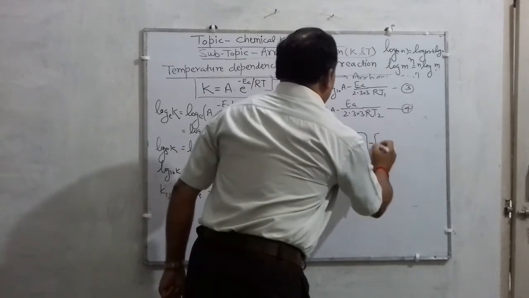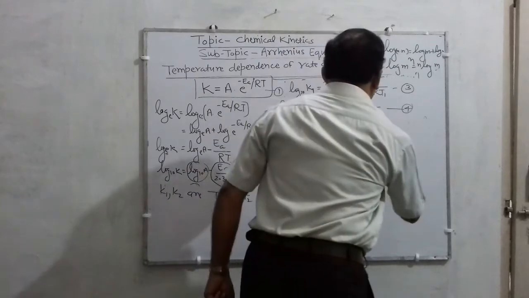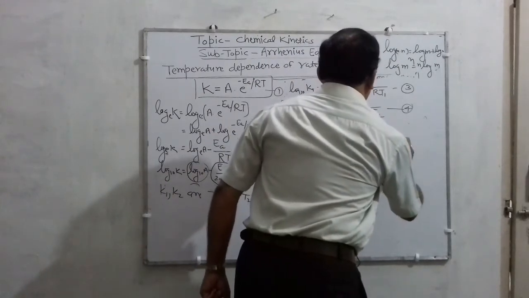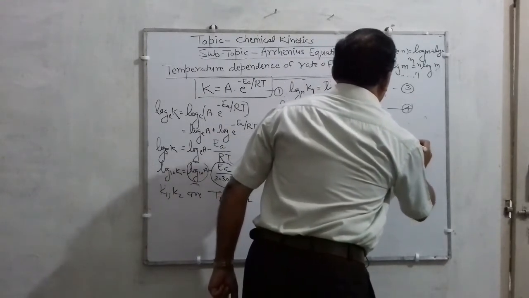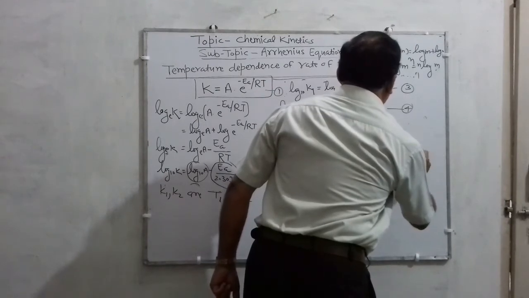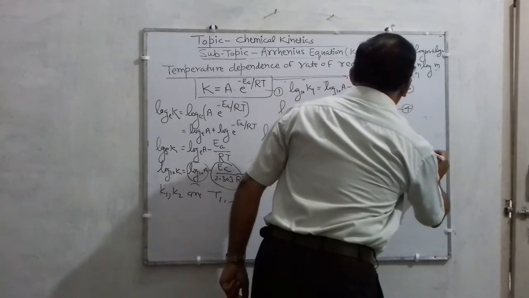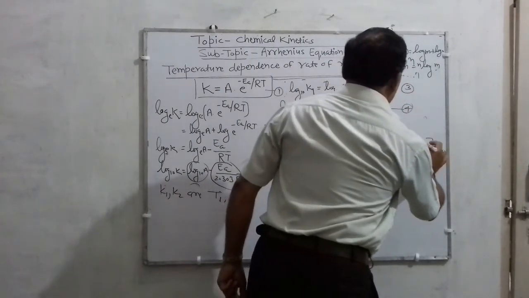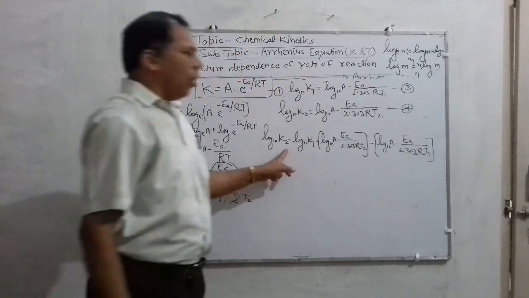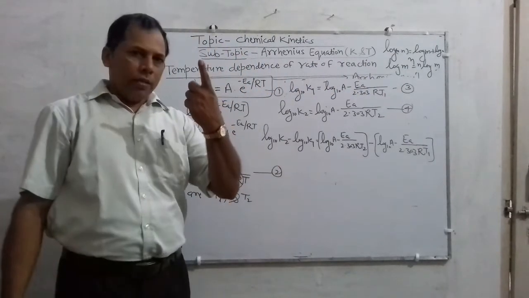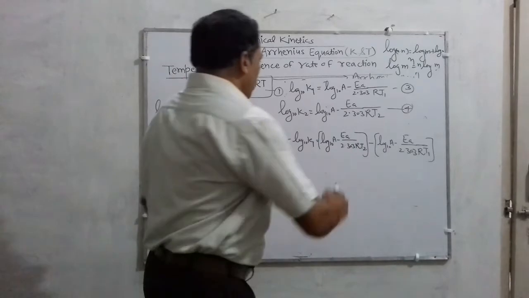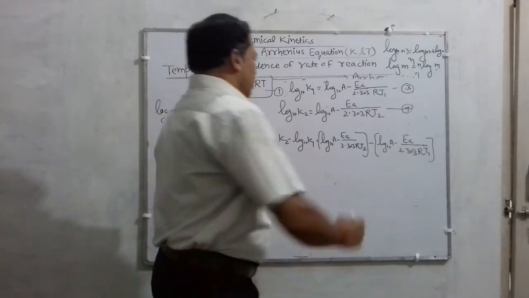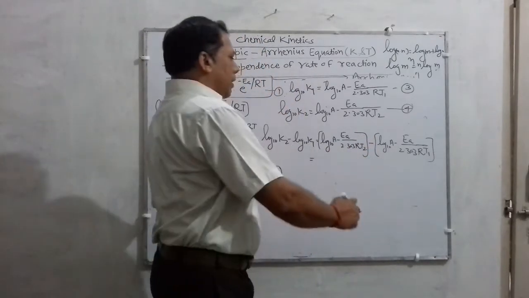and minus this value, log 10 A minus E_a upon 2.303 RT1. This will come, children, on deduction. Am I right? Okay, so just open the brackets.